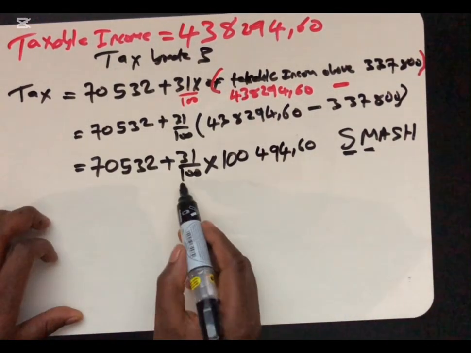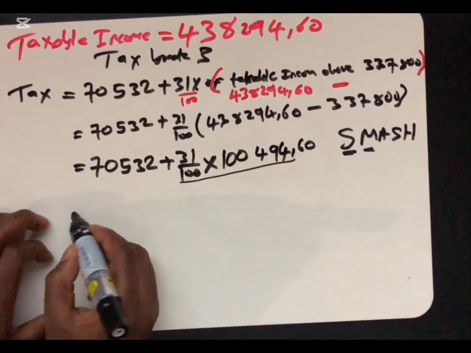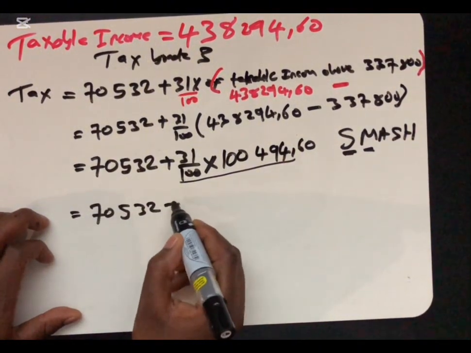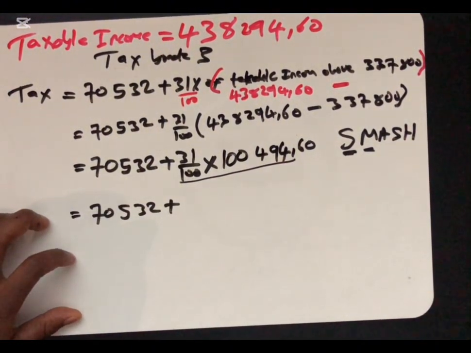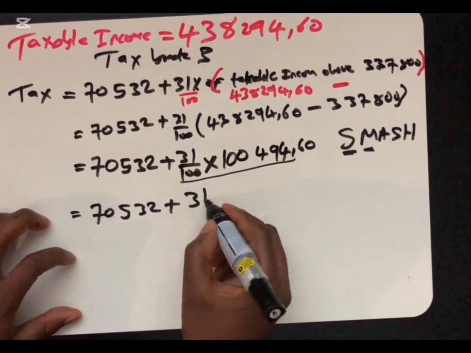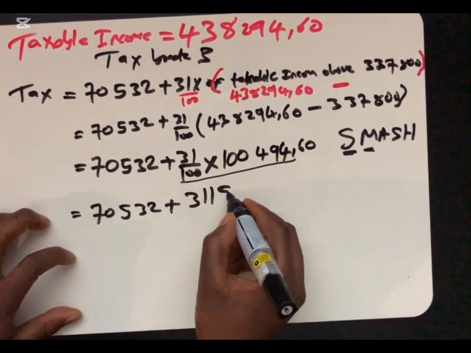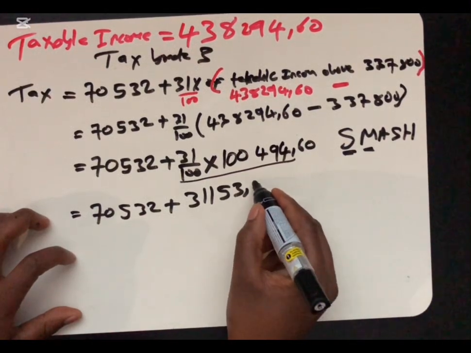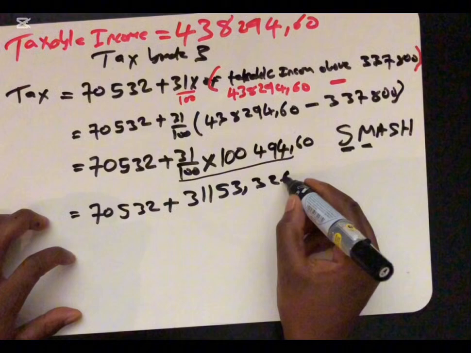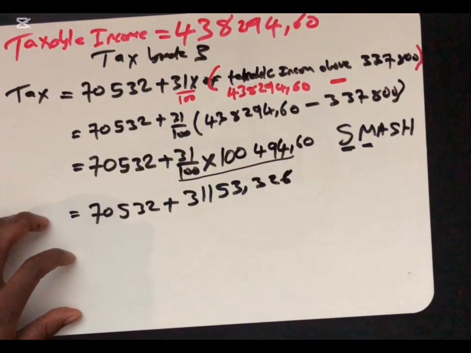Then M stands for multiplication. I hope you can see the multiplication here. You just deal with that multiplication. You just say 70,532 plus, and then multiply 31 over 100 by that amount, which gives us 31,153.326. You can write everything after a comma if you are still doing the calculations.